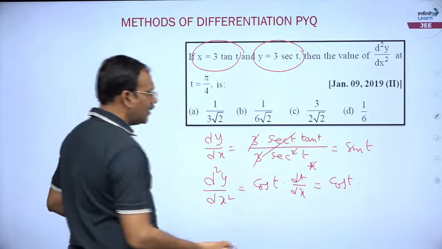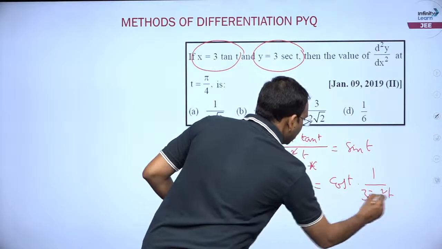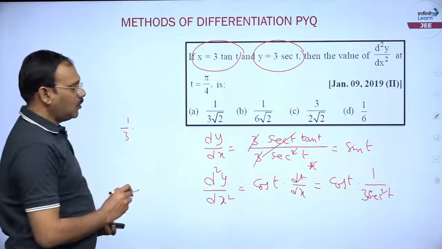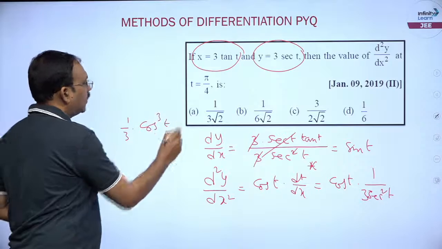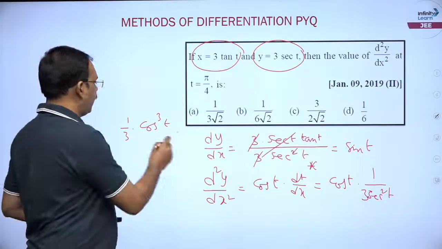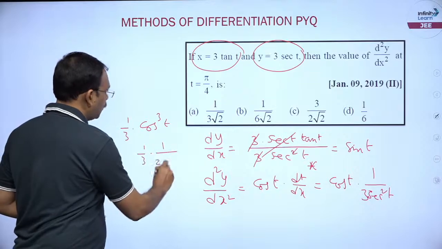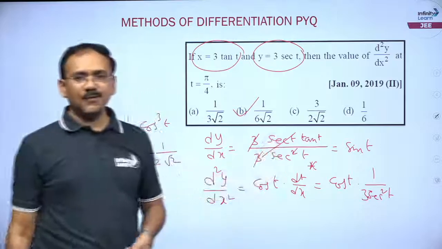So, dt by dx is 1 by 3 secant square t, which becomes 1 by 3 into cos cube t. He is asking at t is equal to pi by 4, 1 by root 2 whole cube is 1 by 2 root 2. So, 1 by 6 root 2 is the answer.